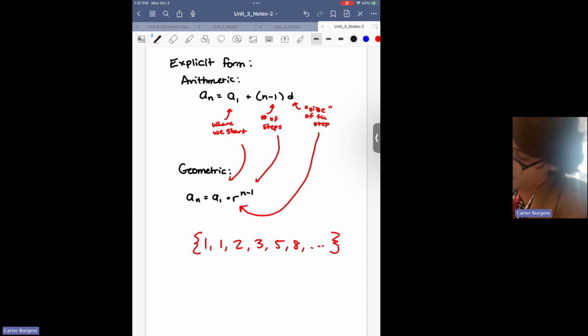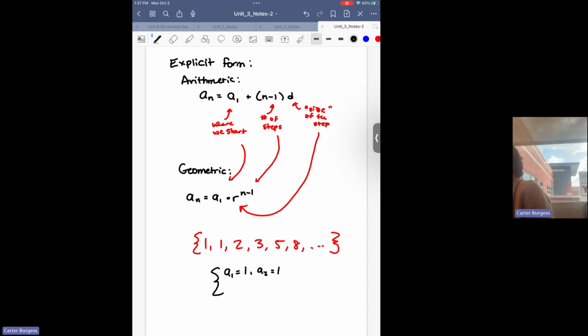So the initial condition is that a sub 1 equals 1 and a sub 2 is equal to 1. Notice our initial condition requires us to define two numbers. And then our recursive step is that f of n is the two previous terms added together.